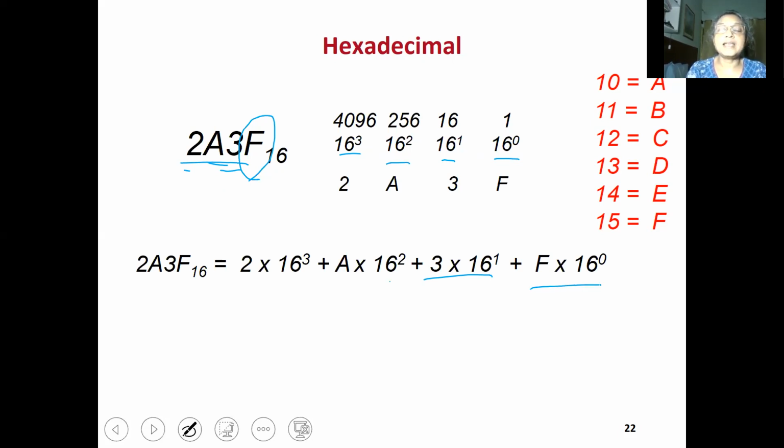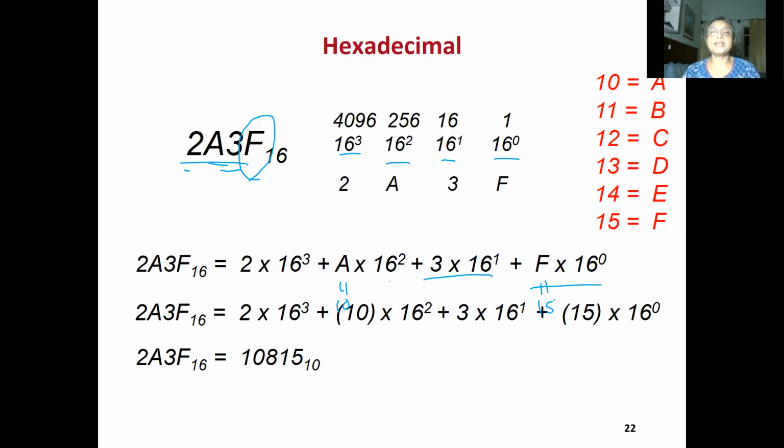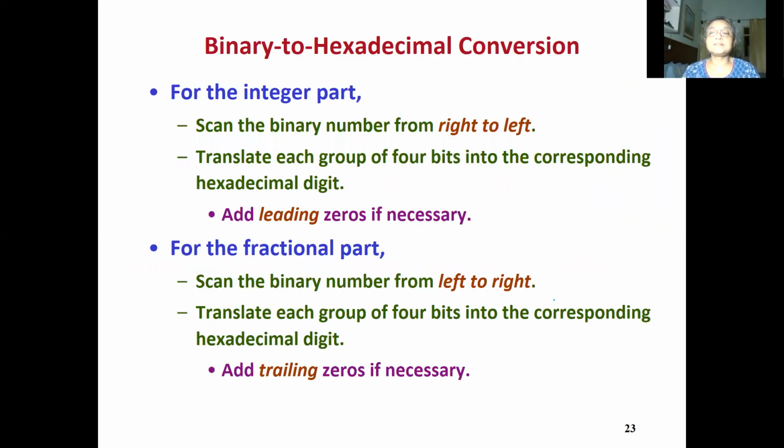You recall A is equal to decimal 10 and F is equal to decimal 15. So 2A3F in base 16 is 2 into 16 cube plus 10 into 16 square plus 3 into 16 to 1 plus 15 into 16 to the power 0, which is equal to 10815 in decimal.